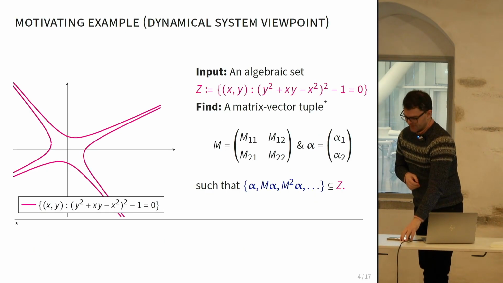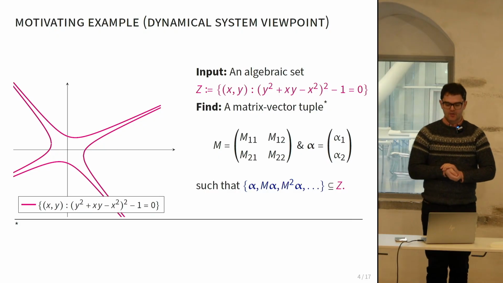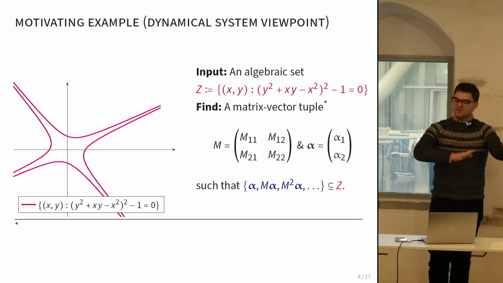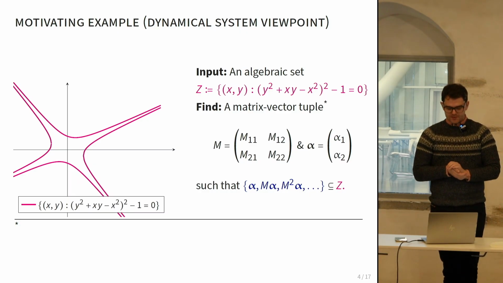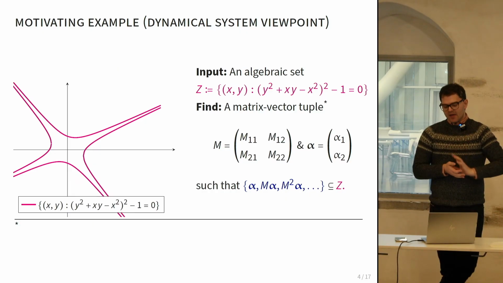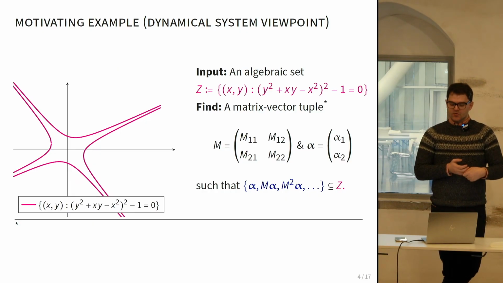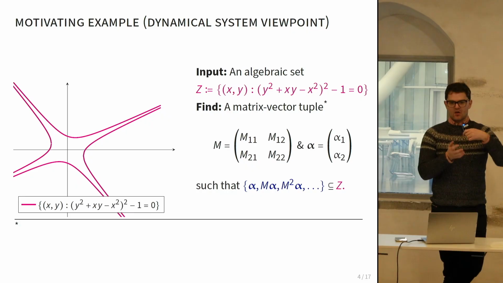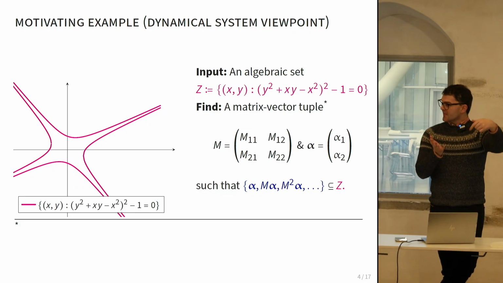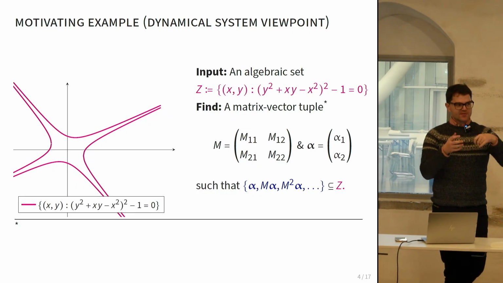Now, let's try and go with an example to begin with. I'm going to give you my favorite algebraic set. I say favorite because I use it in all of my talks. I want you to jump using a dynamical system only on the pink line here. You could think of yourself as a rabbit or a frog jumping in 2 dimensions.